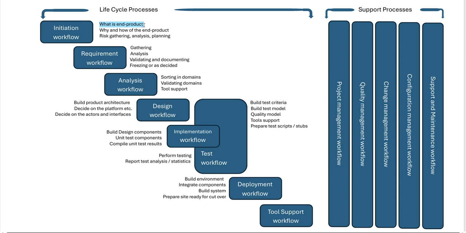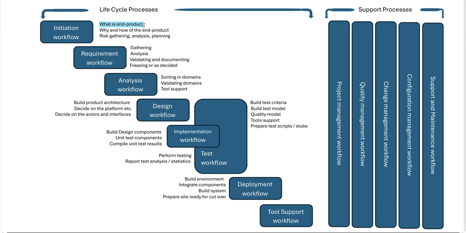So in this initiation workflow we check what is the idea that we are trying to build. So the first point is, what is the end product. The client will give us his idea of the project. We will decide if it is even possible to build this thing or not. If not, then we will just leave the project here only.